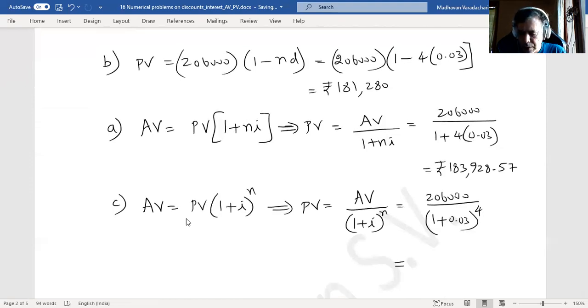Let's calculate that. 1.03 to the power of 4, that is to be divided into 206,000.